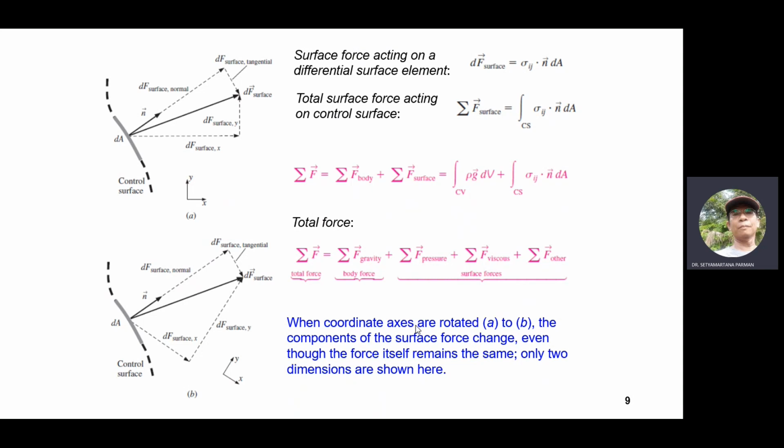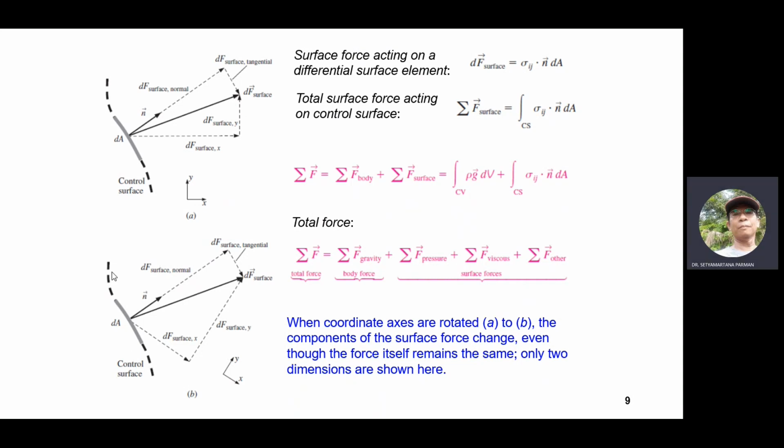When coordinate axes are rotated from A to B, in this figure we have the control surface here, and at this location we have the perpendicular vector to the surface, the normal unit vector. We select the coordinates x and y in this direction, x horizontal, y vertical.